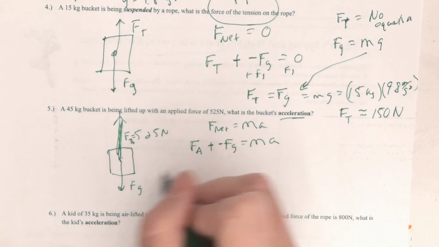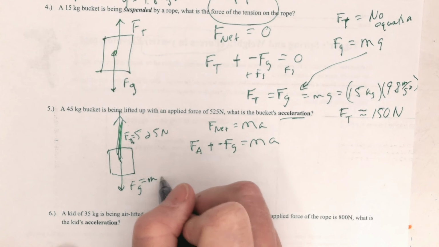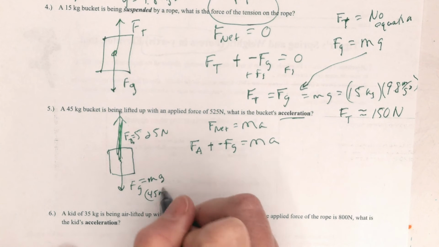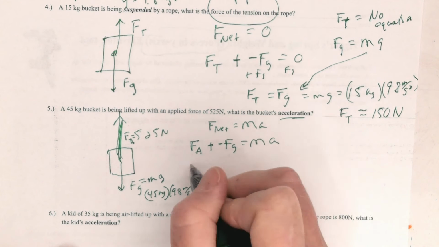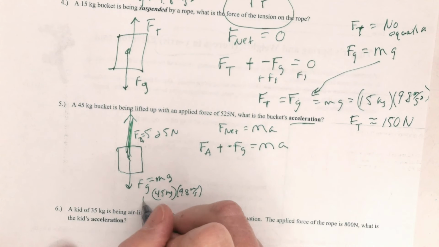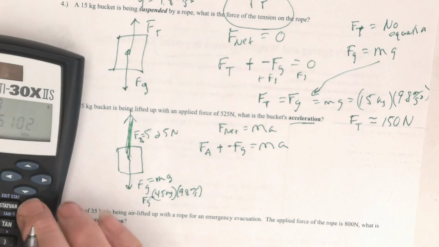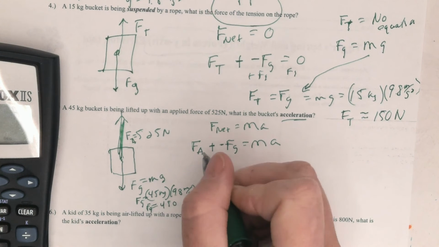You put in, what's your force of gravity? Force of gravity is mass times gravity, 45 kilograms times 9.8 meters per second squared. That's basically 450. You get your actual number, right? I don't have enough time to do this whole thing.